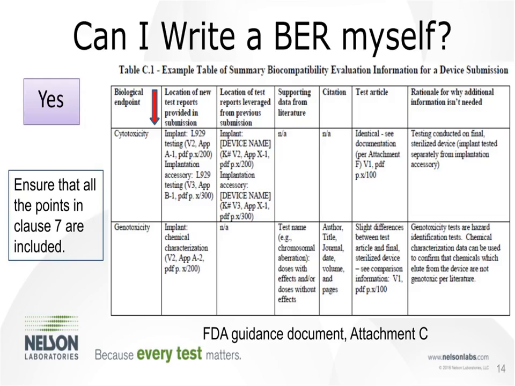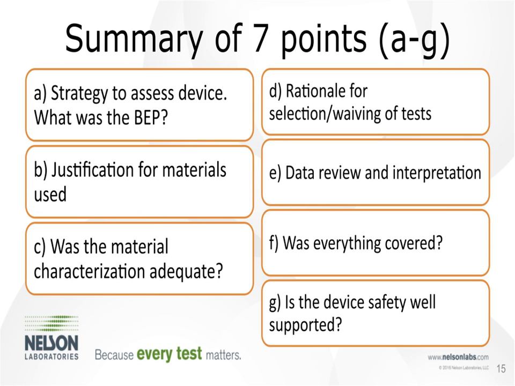And we can see from the information that is outlined in the ISO guidelines that they are looking for more than just biological endpoint information. So if you do your own BER, ensure that all the points in Clause 7 are included. And I just wrote a summary here of the 7 points that are asked for in the ISO guidance document.